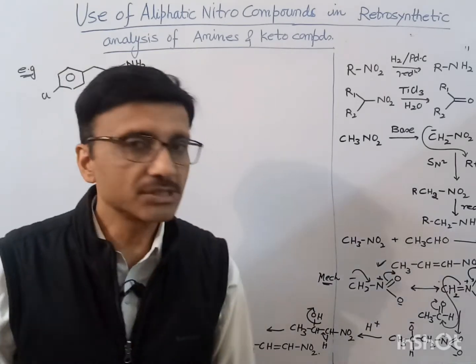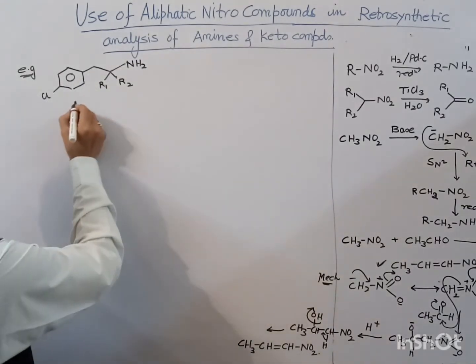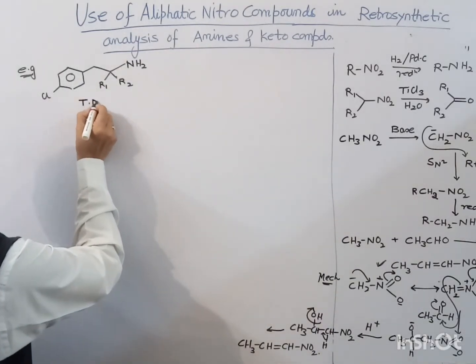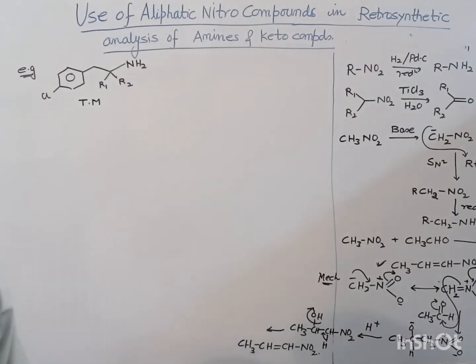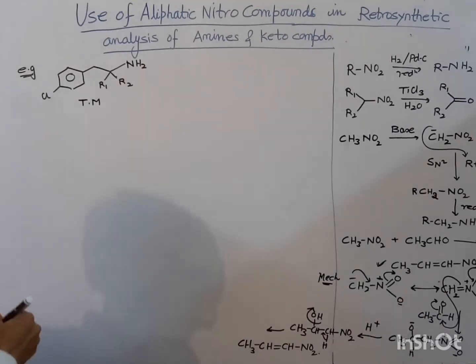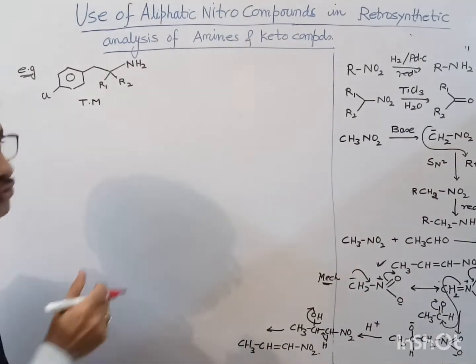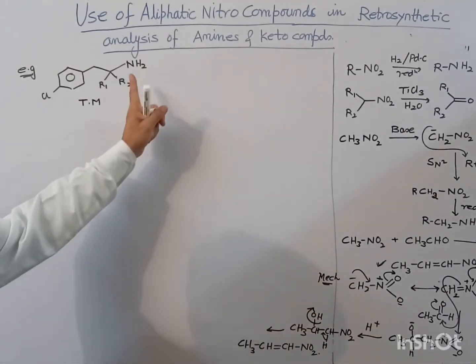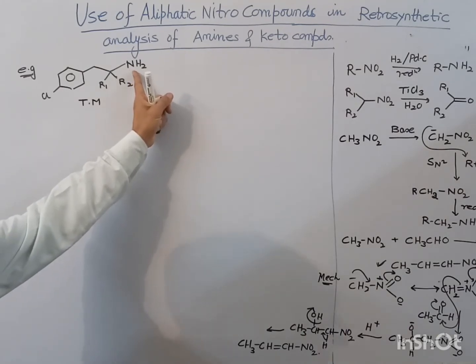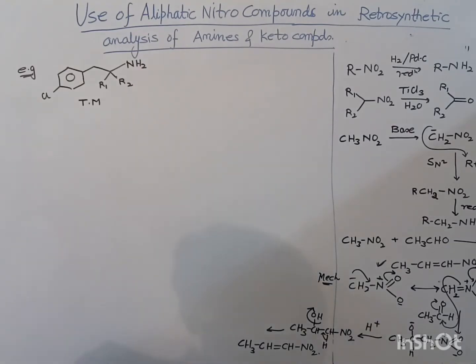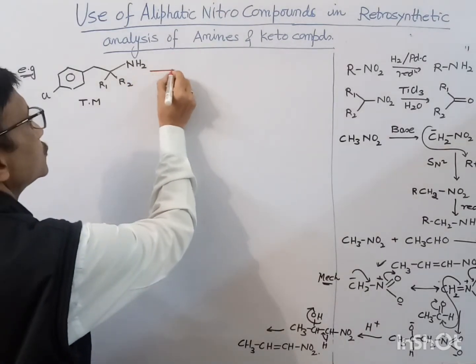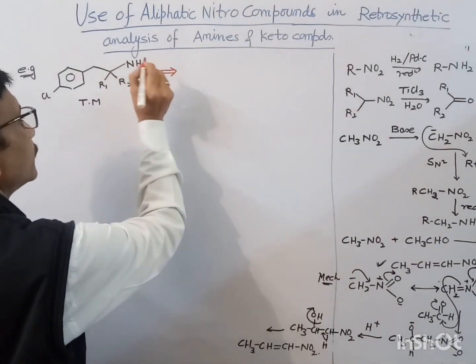This is your target molecule. Now, this target molecule can be broken, but from where should you break it? As I told you, this amine can easily be converted into the nitro compound via FGI. So the amine should be converted into the nitro compound.